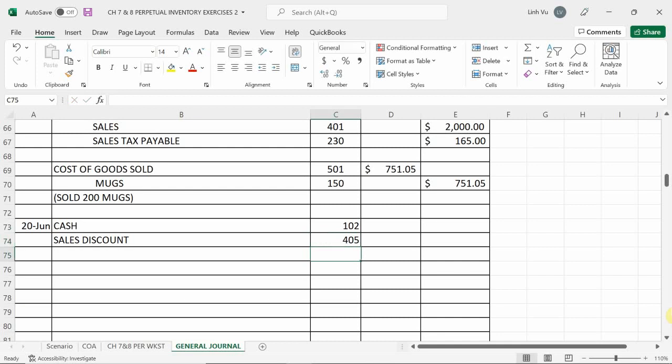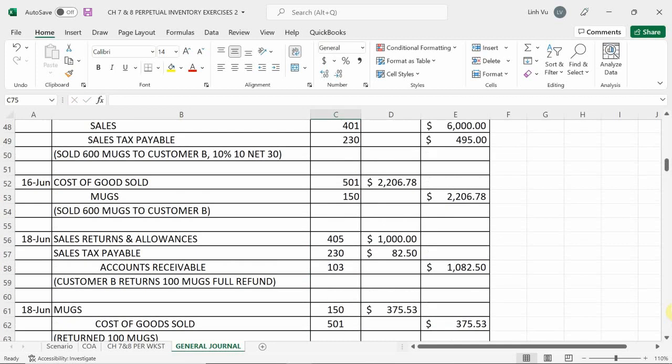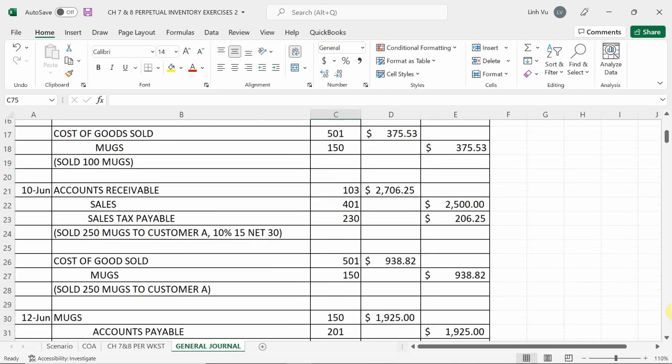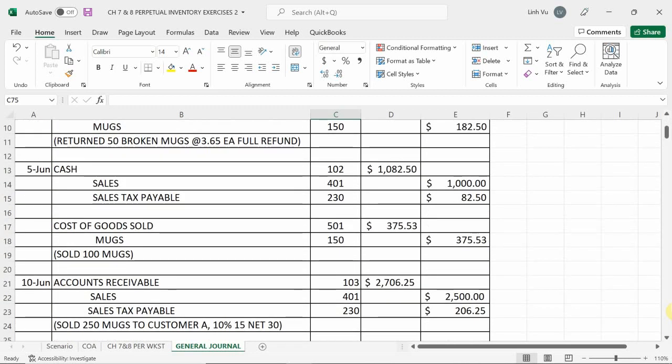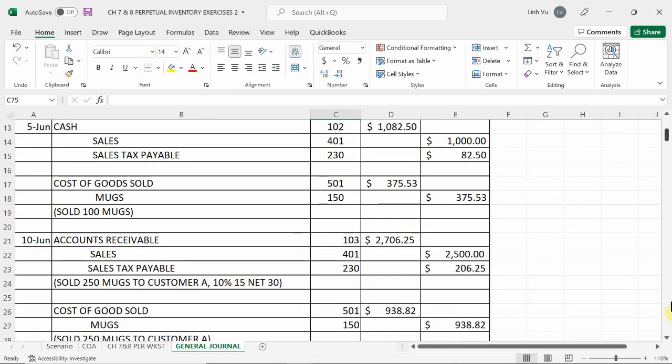And we also identified how much we sold to customer A on accounts receivable: a total of $2,500, plus the tax of $206.25, to give us a grand total of $2,706.25. So that's how much customer A owes me.